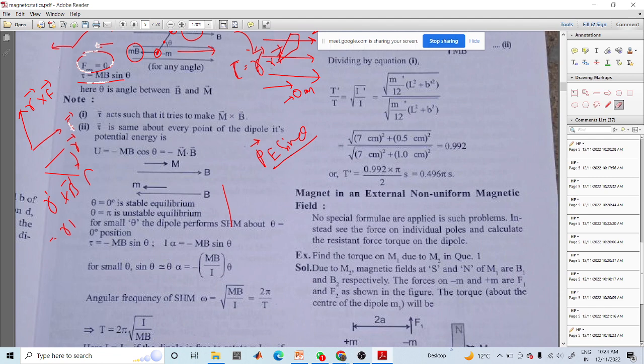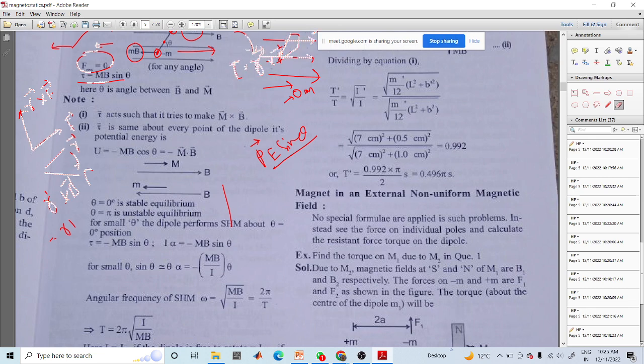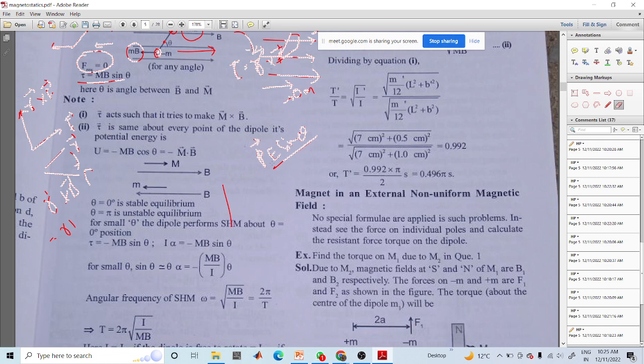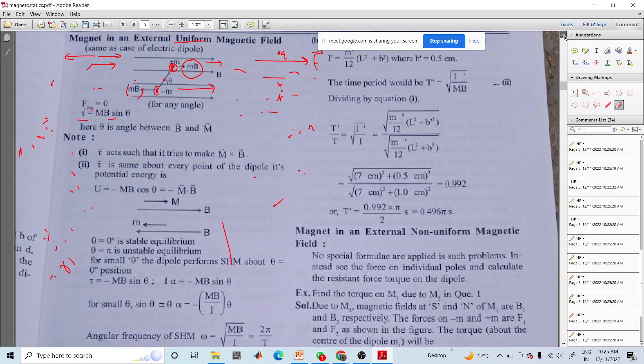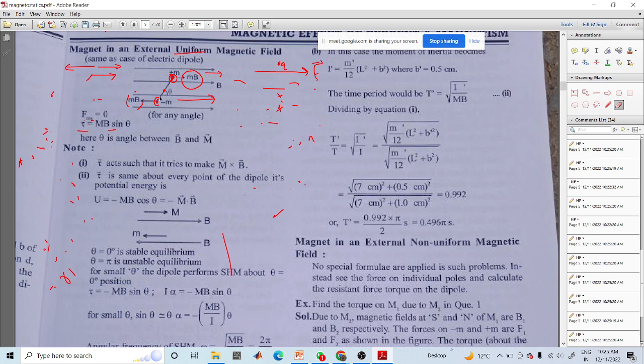So what have we got till now? If we put a magnet or magnetic dipole in an external magnetic field, that magnetic dipole will feel a torque, and because of the torque, it will oscillate something like that.